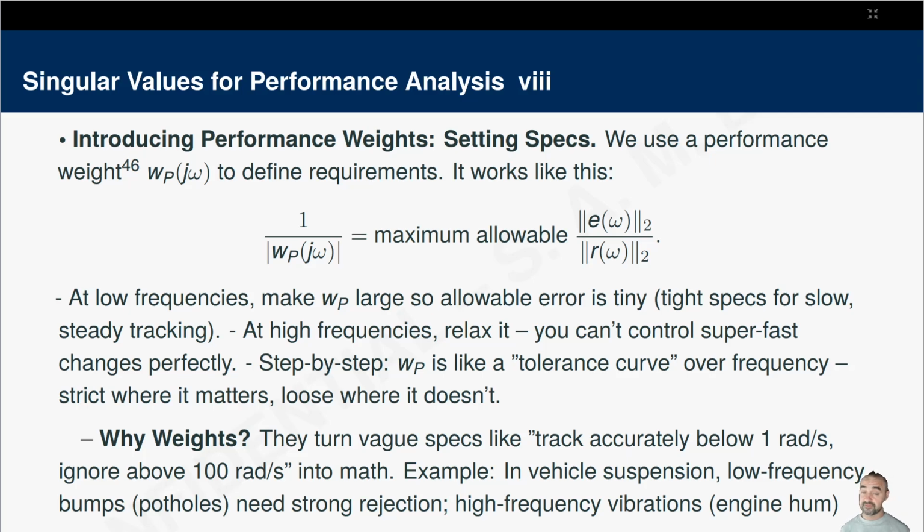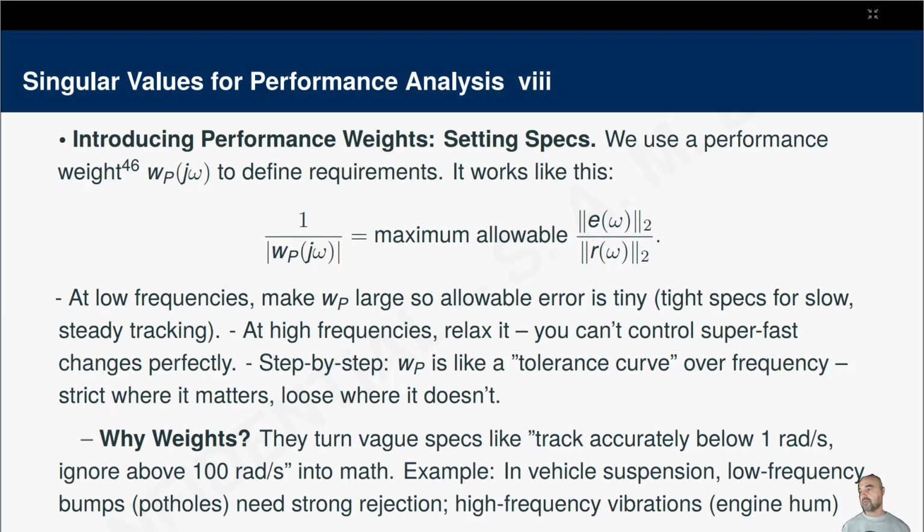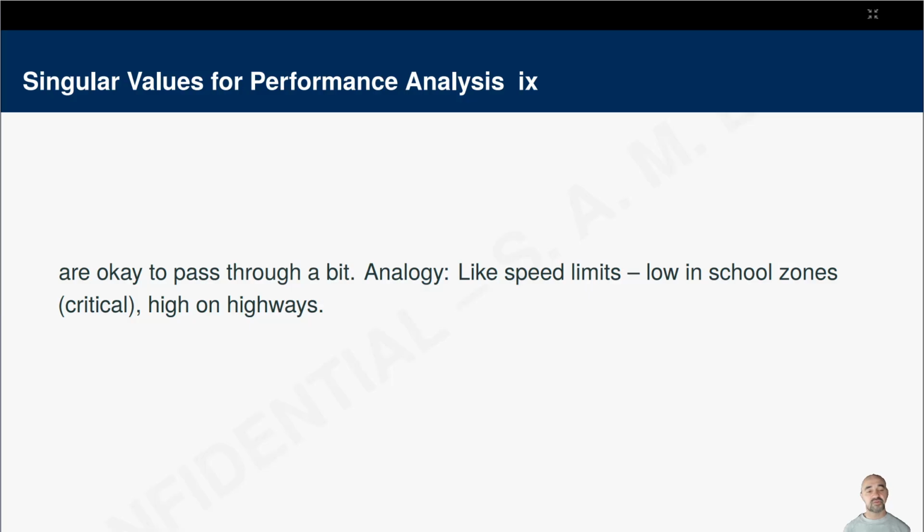That was the definition of weight. And if you recall, we have omega here, because we're talking about a certain frequency at which we define this error and reference norm. A weight is a frequency dependent requirement.